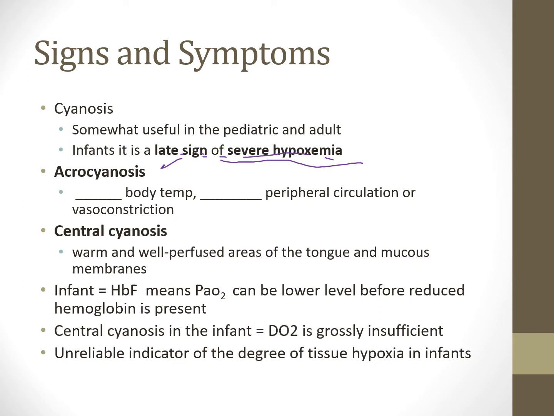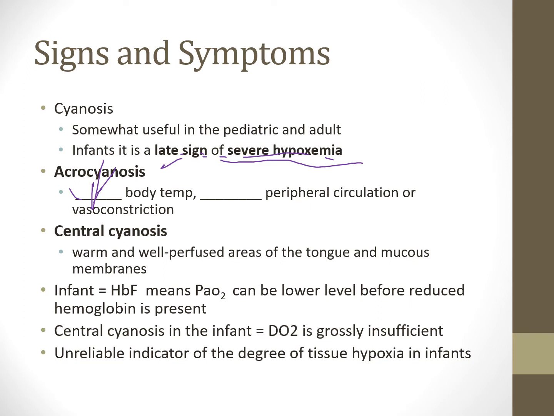Acrocyanosis. When we see this, this is where the fingers and the toes, the hands and the feet, start vasoconstricting, or they start turning purple, or they are purple. If your body temp decreases and you become cold, you remember how you blow into your hands to warm them up.